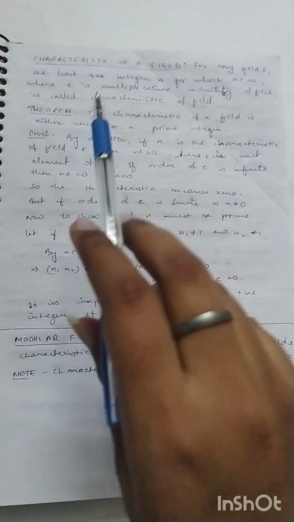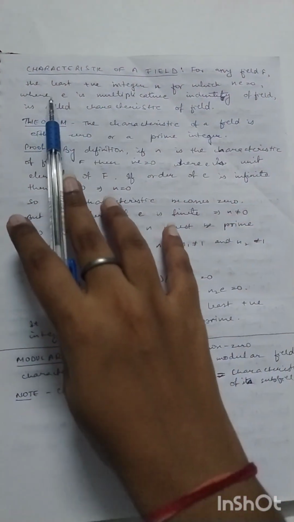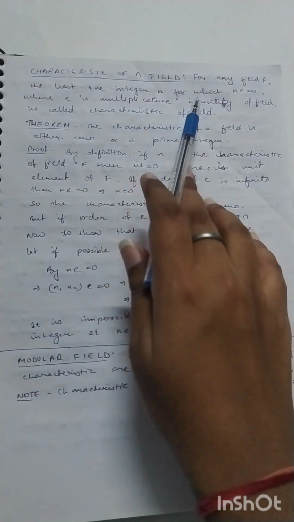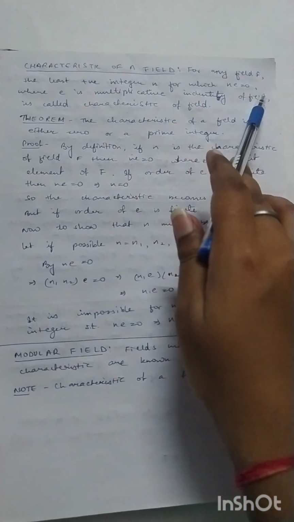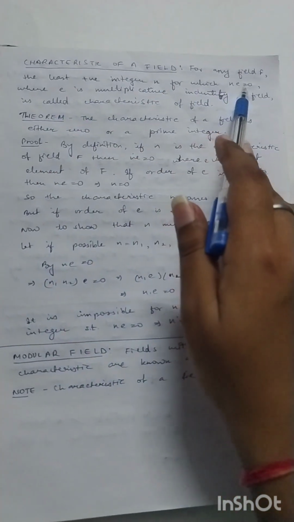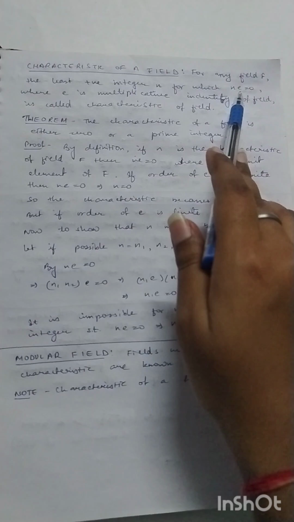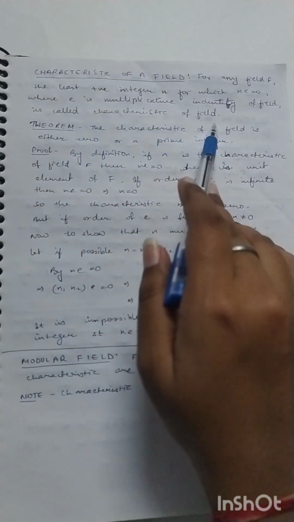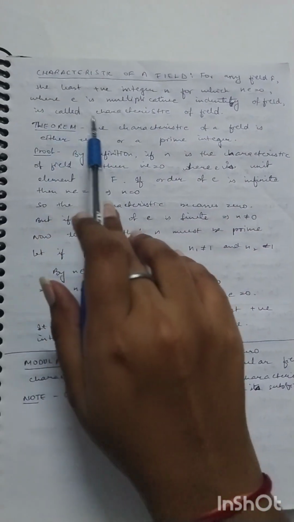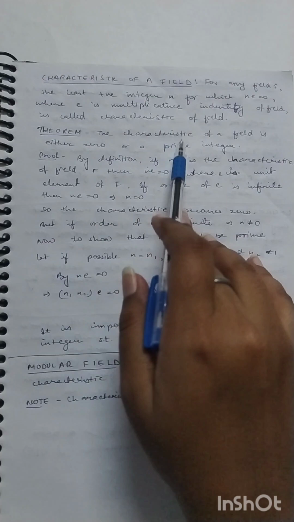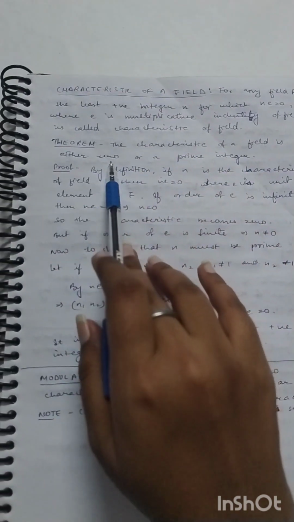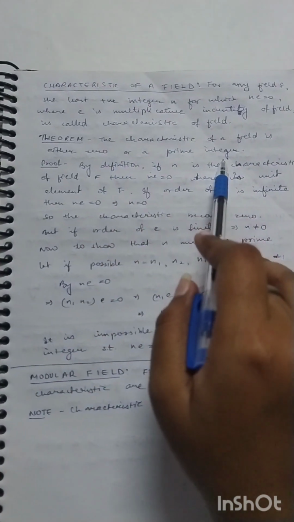Now the characteristic of a field. For any field F, the least positive integer n for which ne is equal to 0, where e is the multiplicative identity of the field, is called the characteristic of the field. The theorem related to this is: the characteristic of a field is either 0 or a prime integer.